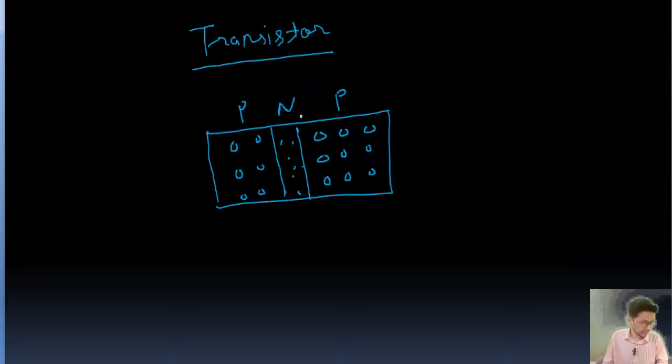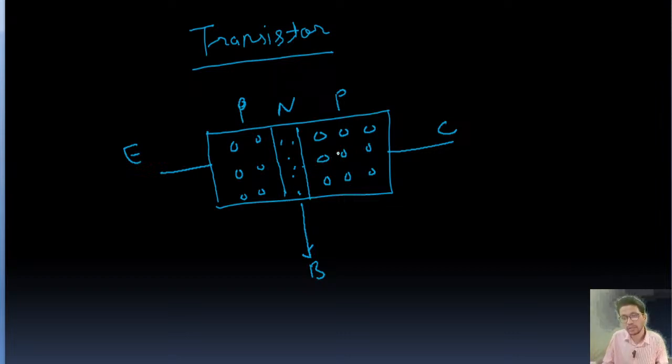So this is NPN transistor. This part is collector, this part is emitter, and this part is base. So in PNP transistor, the majority of current flows because of majority charges, and these are majority holes.